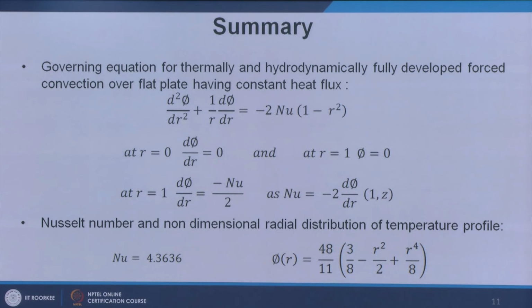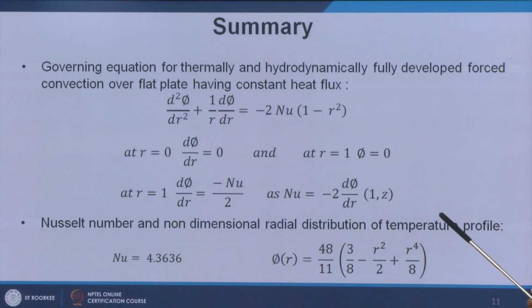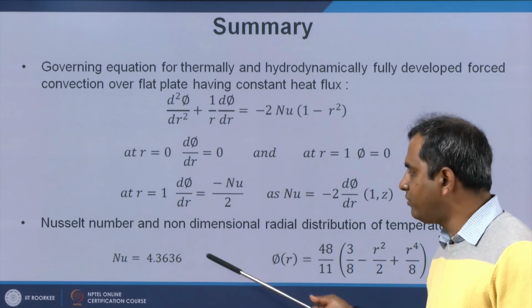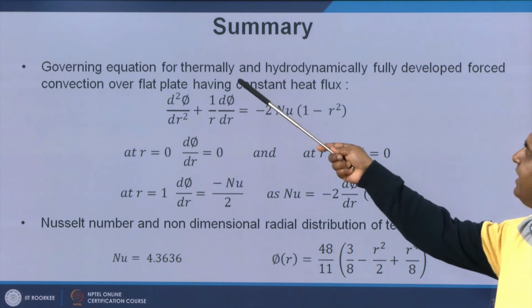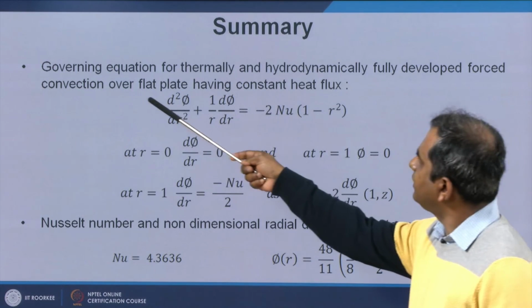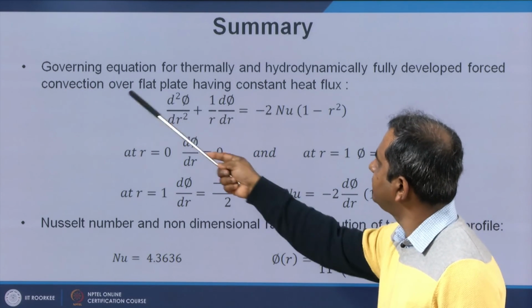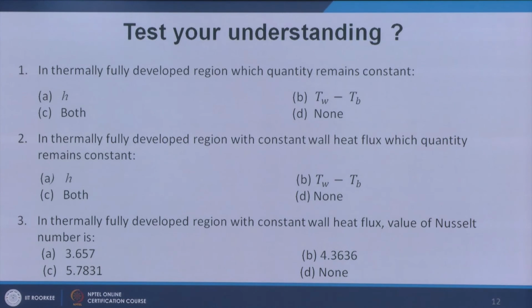And whenever we tried to find out the Nusselt number and the non-dimensional radial distribution of temperature profile, we obtained Nusselt number as 4.3636, and the temperature distribution becomes 48 by 11 into 3 by 8 minus r square by 2 plus r to the power 4 by 8. So all these things we have found out for thermally and hydrodynamically fully developed forced convection. Here probably this is a mistake, this is not our flat plate, this is convection inside a tube having constant heat flux.